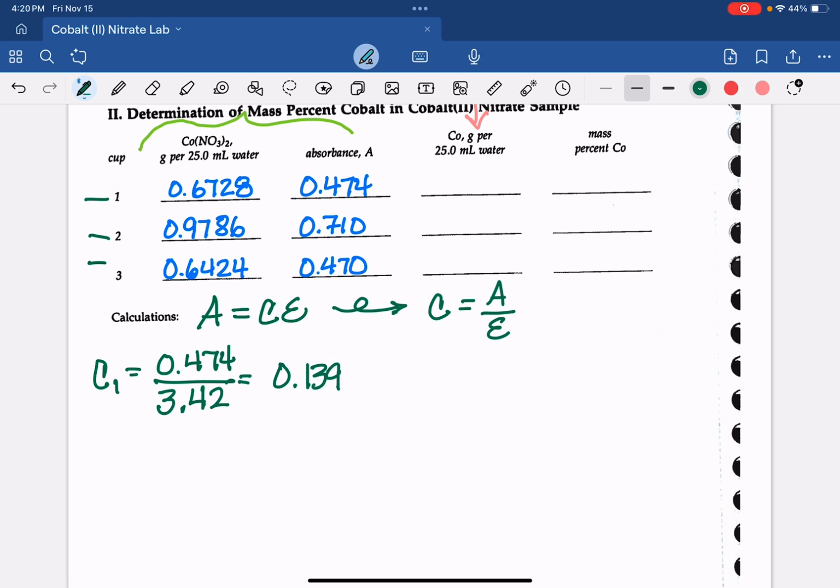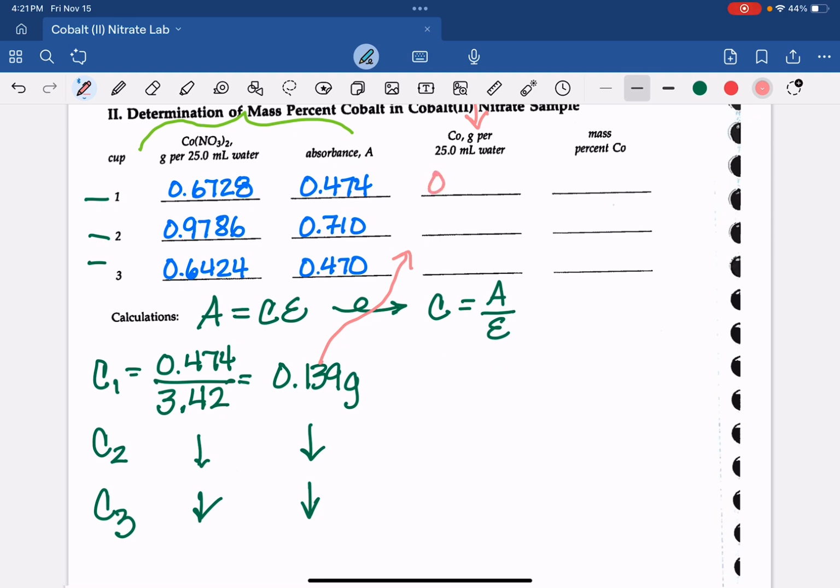All right, so when I divide them, I get the concentration of 0.139 grams. Okay, now you're going to do the exact same thing for cup number 2 and cup number 3. Okay, so you're going to fill in your values. You're going to get values. And then you're going to take each of them and they get plugged in to that column.